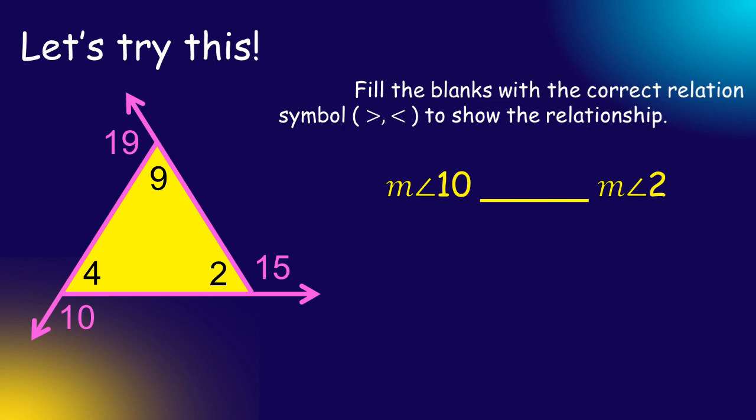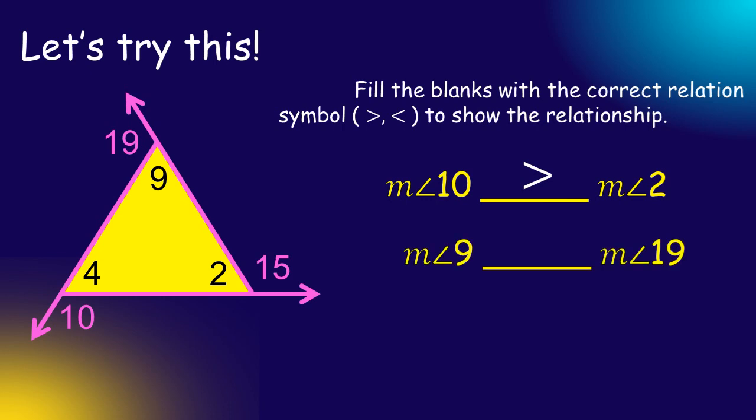What do you think is the correct relation symbol for this? Very good. That is greater than. The measure of angle 10 is greater than the measure of angle 2. Basically, angle 10 is an exterior angle, and we know that the measure of an exterior angle is always greater than the measure of one of its remote interior angles.